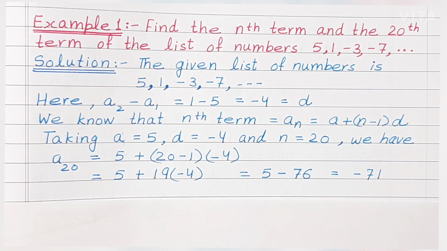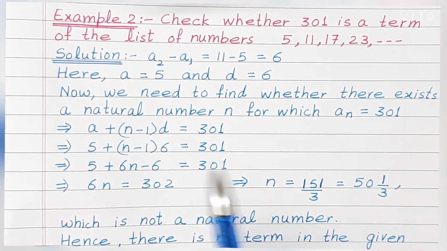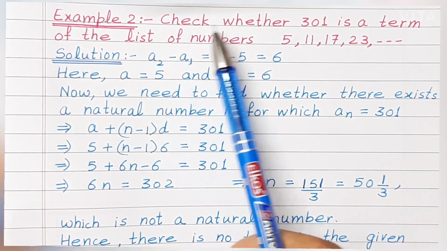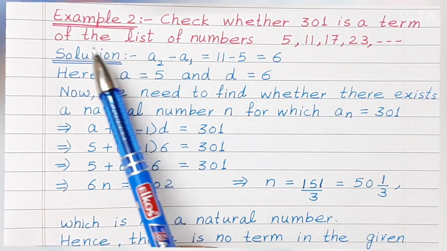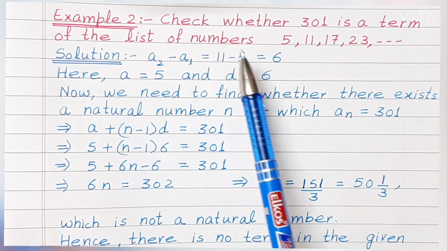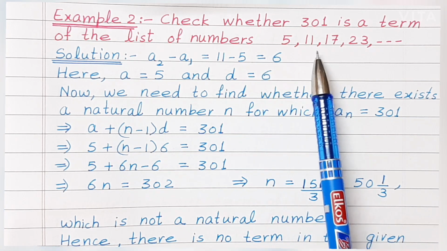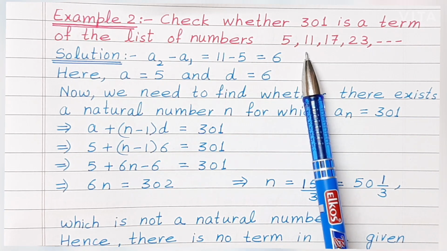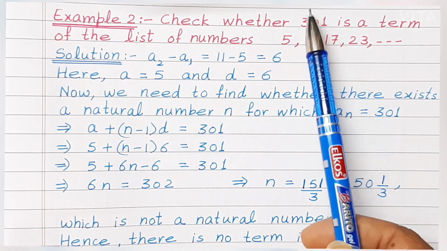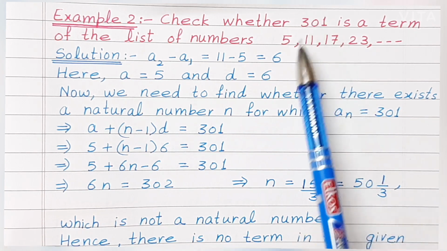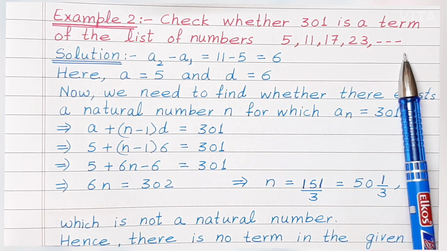Now let us do example number 2. Check whether 301 is a term of the list of numbers 5, 11, 17, 23. We need to check whether 301 is in this series or not.